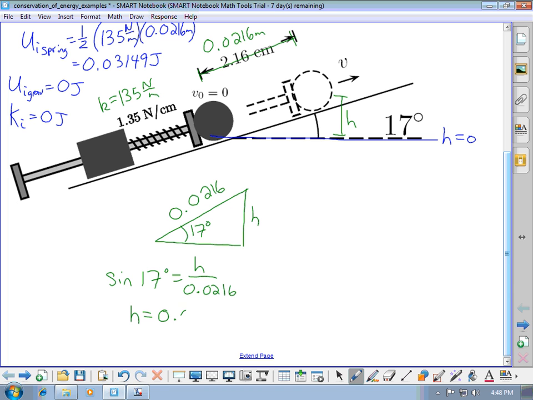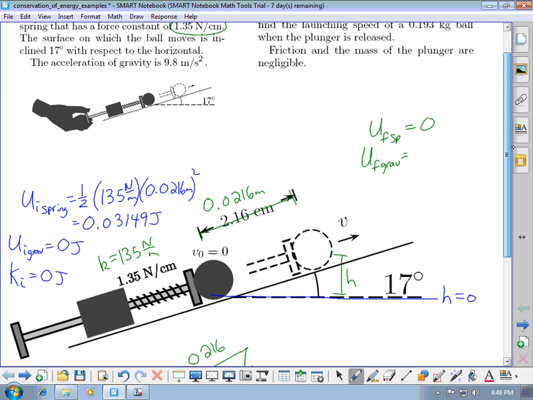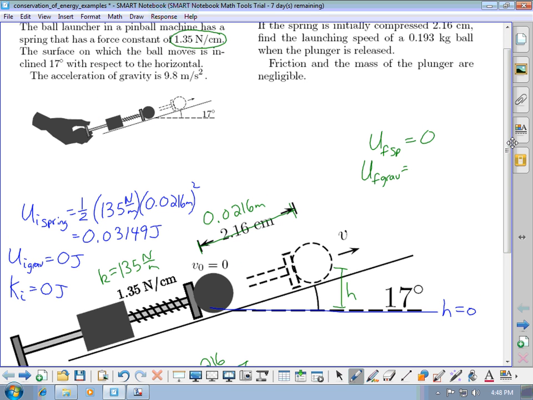of 0.00632 meters. So when looking at the gravitational potential energy, this is going to be 0.193 kilograms times 9.8 times the height of 0.0063.